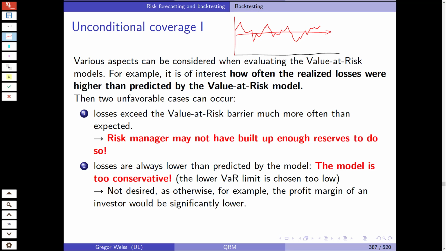You are expecting a huge loss, which will never come. So losses are always lower than predicted. The model is way too conservative, and this is not desired as, for example, the profit margin of an investor would be significantly lower. And again, the important issue here is regulatory capital that is unnecessarily kept for this financial position.